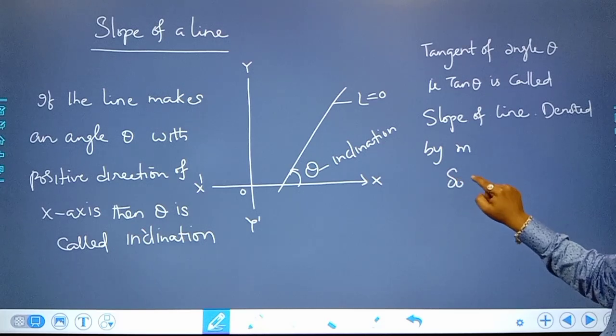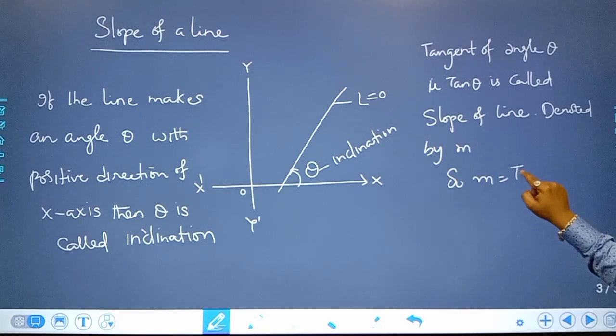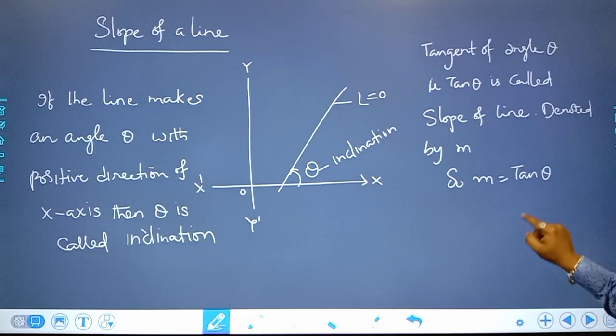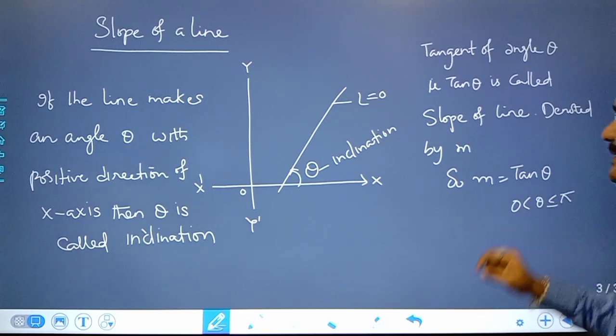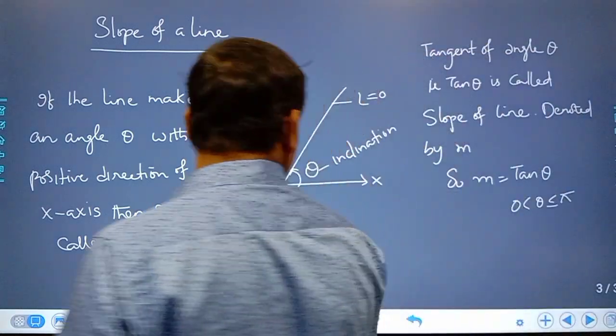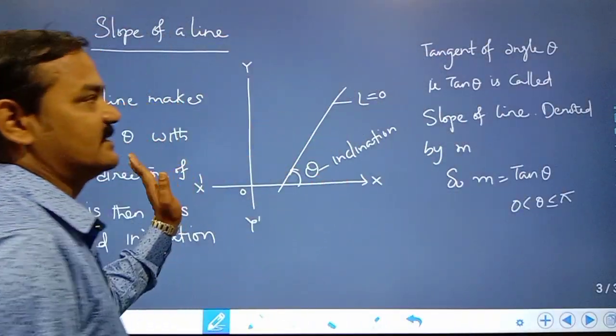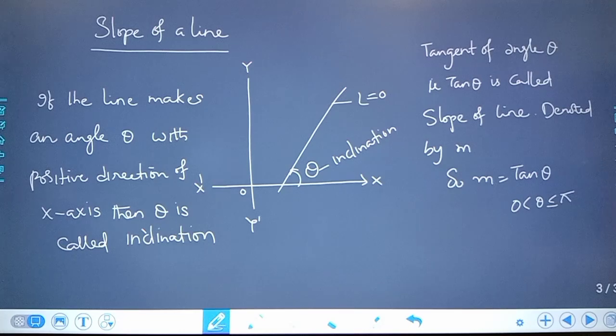So m is equal to tan theta. The value of theta always lies between 0 and pi. So this is called the slope of a line.